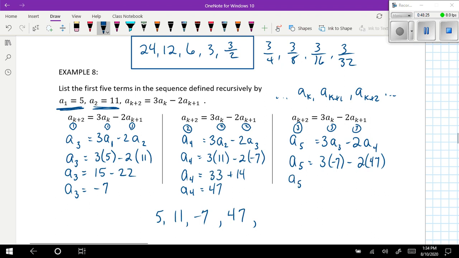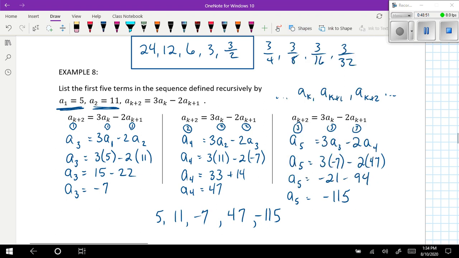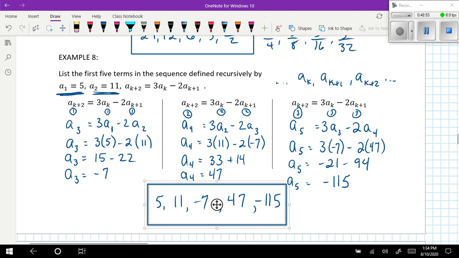So a sub 5 is negative 21 minus 94, which gives me negative 115. Negative 115. I would have never guessed that. This is a very strange recursive definition because your next term doesn't just rely on the one before it, but it relies on the 2 before it. So it gets to be a little kind of crazy, huh? All right, let's box this answer. Good to go.